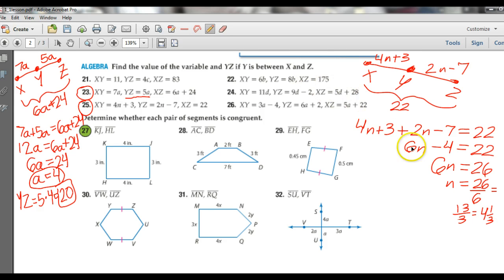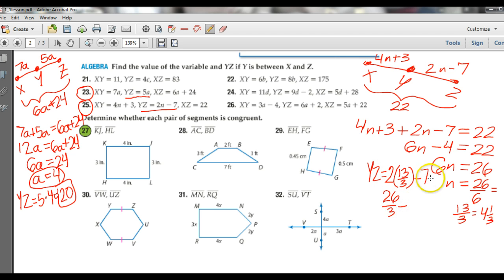We also need to find yz, so we're going to substitute in for yz 2n minus 7. So I'm going to take 2 times 13/3 minus 7. So 2 times 13 would be 26/3.